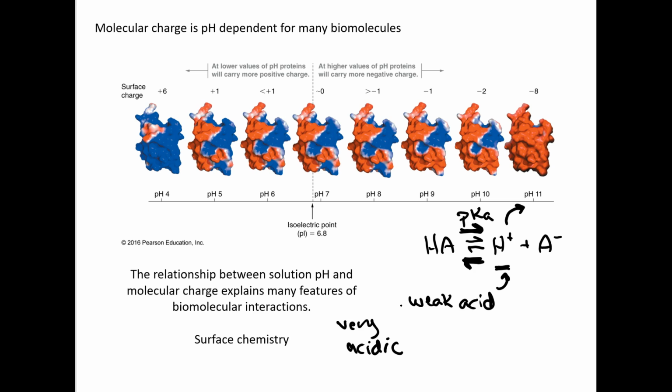It's going to act more like the base and not have a particular tendency to push off this proton. In other words, the very acidic solution will be contributing its proton towards the weak acid, and that's going to favor the presence of the weak acid in its acid form.